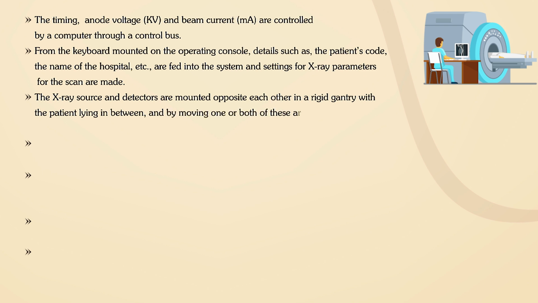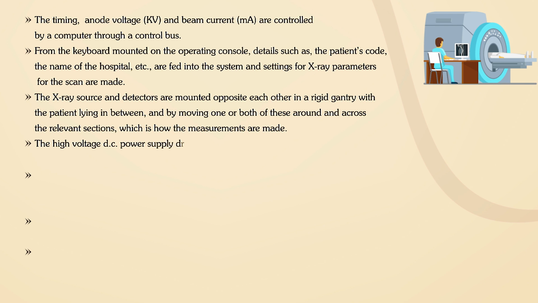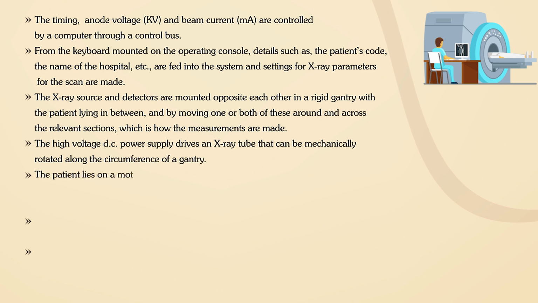The X-ray source and detectors are mounted opposite each other in a rigid gantry with the patient lying in between, and by moving one or both of these around and across the relevant sections, the measurements are made.